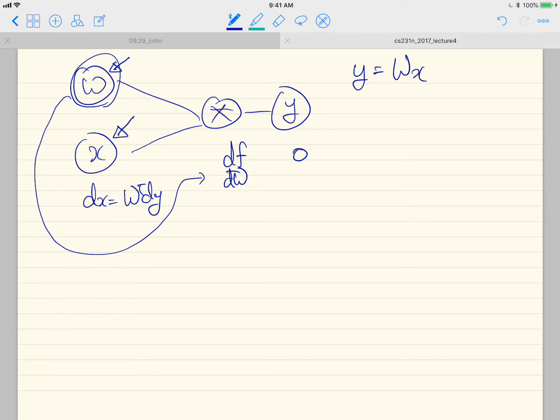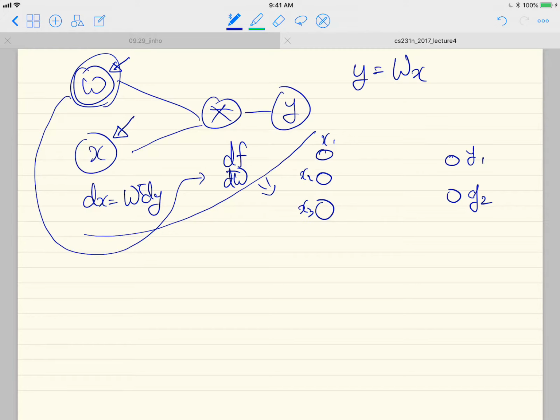Just like in the previous video, let's think of a different representation of this computational graph. We have 3 input nodes and 2 output nodes: y1 and y2, and x1, x2 and x3, and then we have w, which represents this fully connected layer.